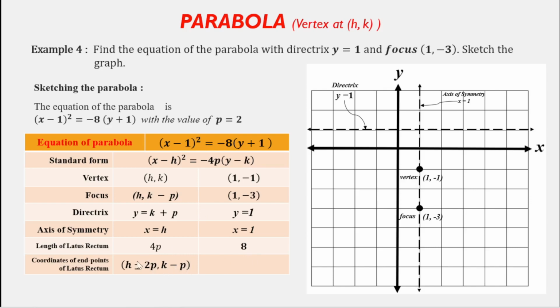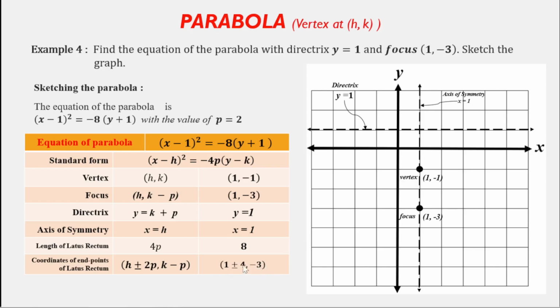Using the coordinates (h ± 2p, k - p), substituting the values of h, k, and p, we have (1 ± 2 times 2, -1 - 2). So 2 times 2 is equal to 4, and -1 - 2 is equal to -3. Simplifying further, we have (1 ± 4, -3).